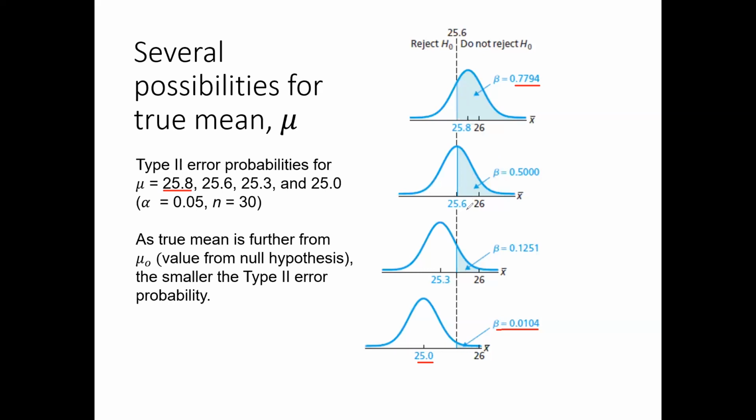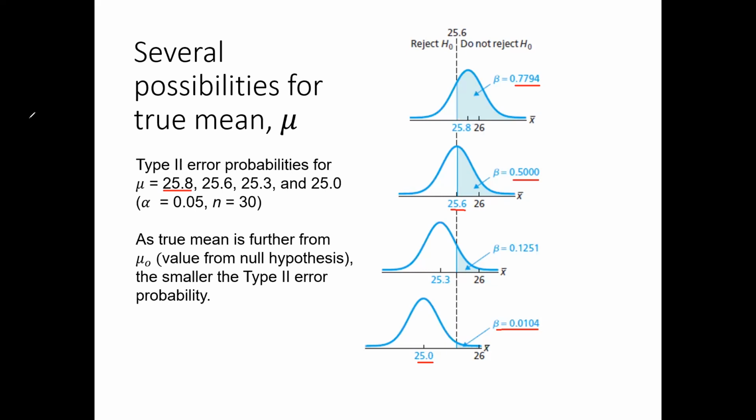Notice that when we let the truth be actually our critical value, then we have 50%. We actually moved the null, so now it's at our critical value. And since it's at the critical value, we don't really need to do any calculations on this one because we know 50% of the data lies on either side of the mean.